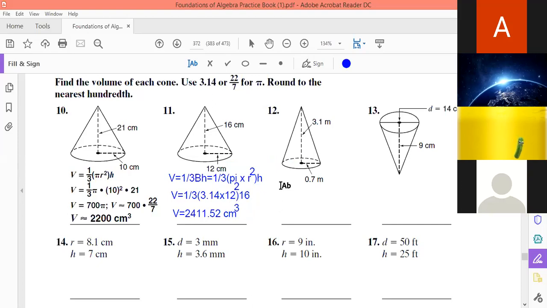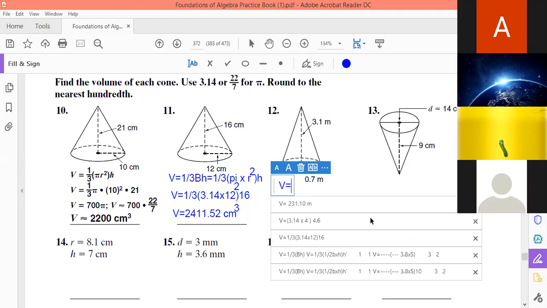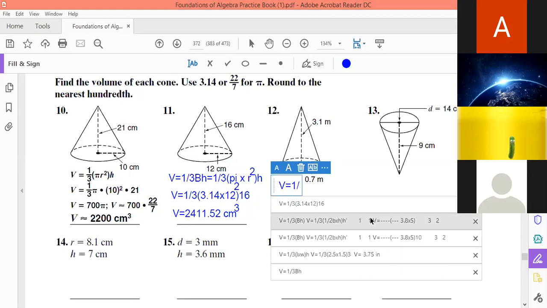Okay, now next, you use the same formula. It's page 372. Mazen, tell me what is the formula to calculate the volume of a cone? V equals 1 over 3, very good, into base times height.